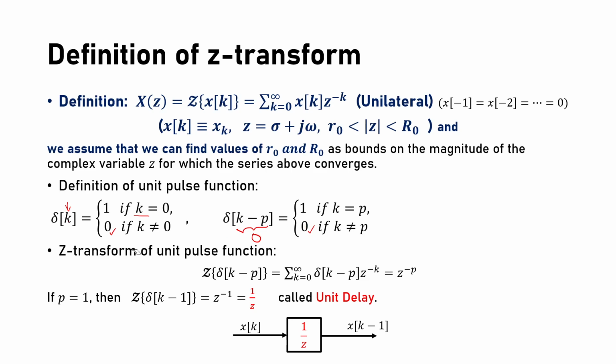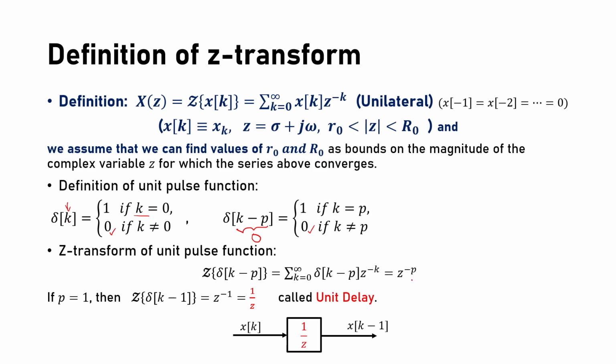So the Z transform of the unit pulse function can be calculated like this: Z of delta of k minus p equals the sum of this delta function times z to the minus k, because this delta is 1 when k equal to p only. So you substitute k by p, then you just get z to the minus p.